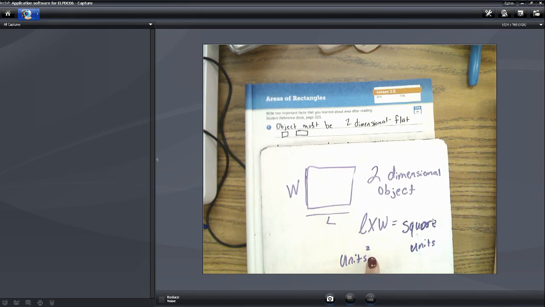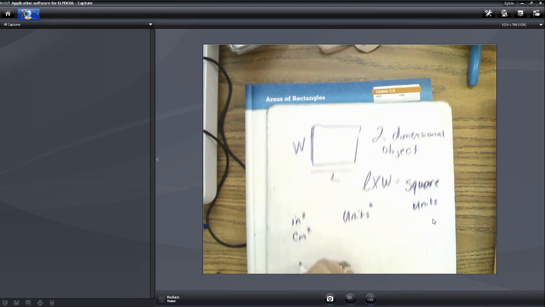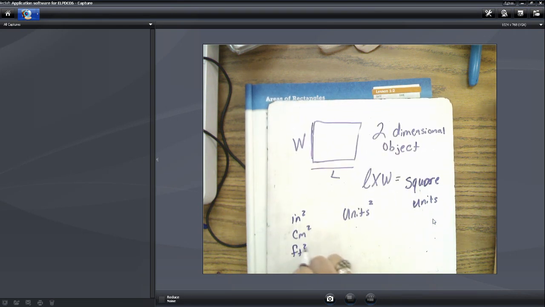That little 2 at the top is an exponent. We talked a little bit about that yesterday. So that little 2 at the top means it's squared. That means it has two measurements, basically. Okay? Square units. So sometimes it can be inches squared, centimeters squared, feet squared, square feet. You guys have heard that before, right?